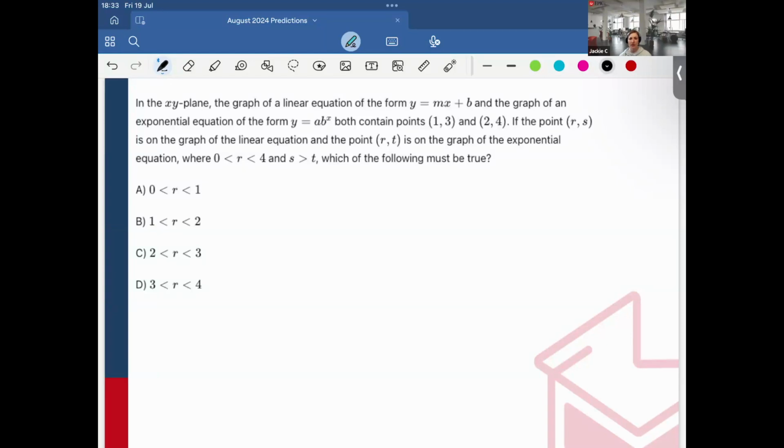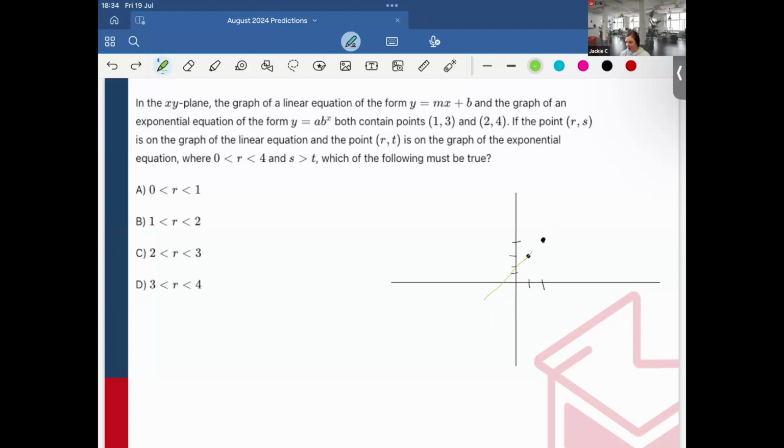Well, for this one, we could find the equation of the line and the exponential equation, but I think we could also just see this visually. Because imagine they both contain these points: (1, 3) and also (2, 4). So the line, I'll put in green, goes through these 2 points.